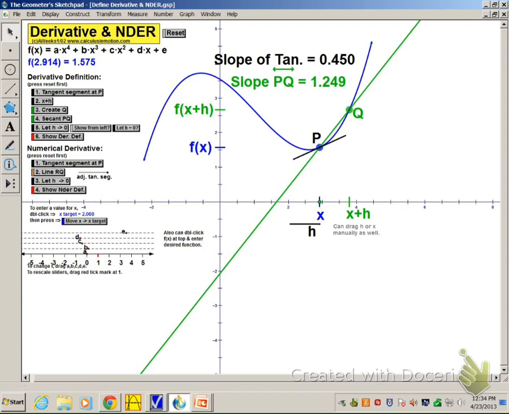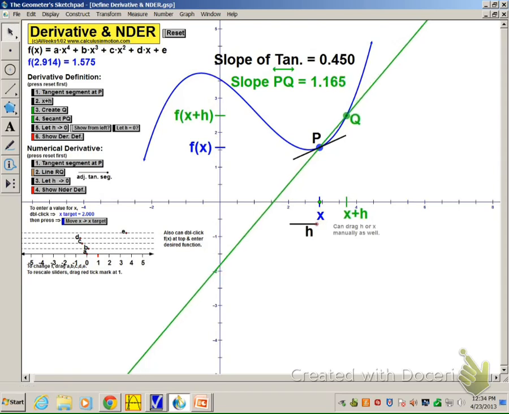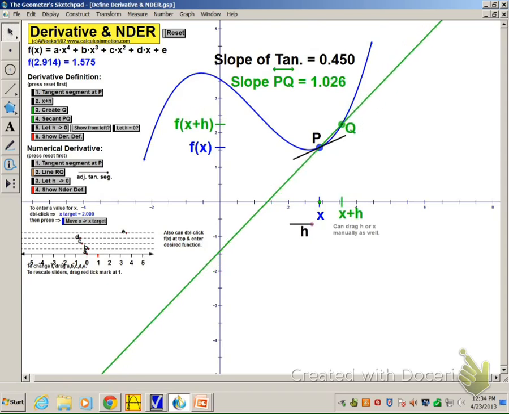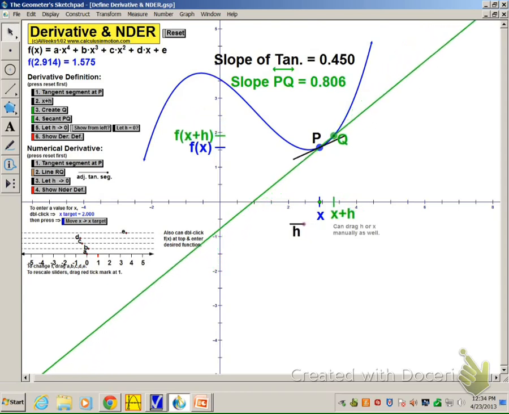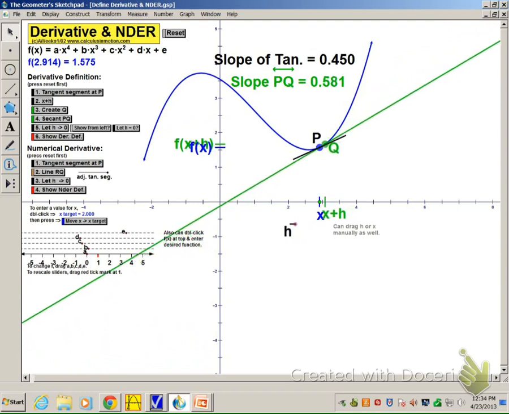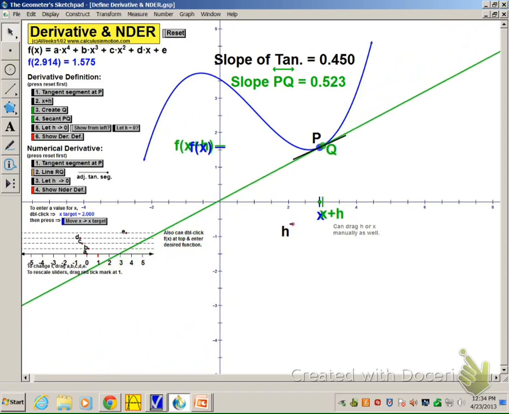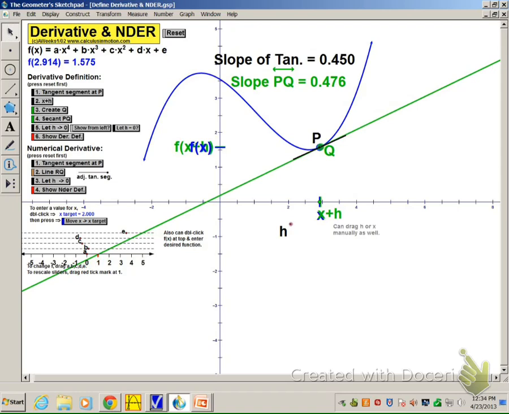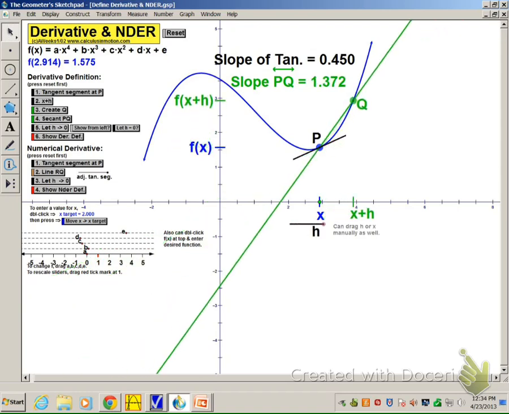And so the idea behind this is we're going to take h and let h get smaller and smaller and smaller. As h gets smaller, look at what happens to the slope of the secant line. Notice that the slope of the secant line gets closer and closer to the slope of the tangent line. We call this the limiting value.